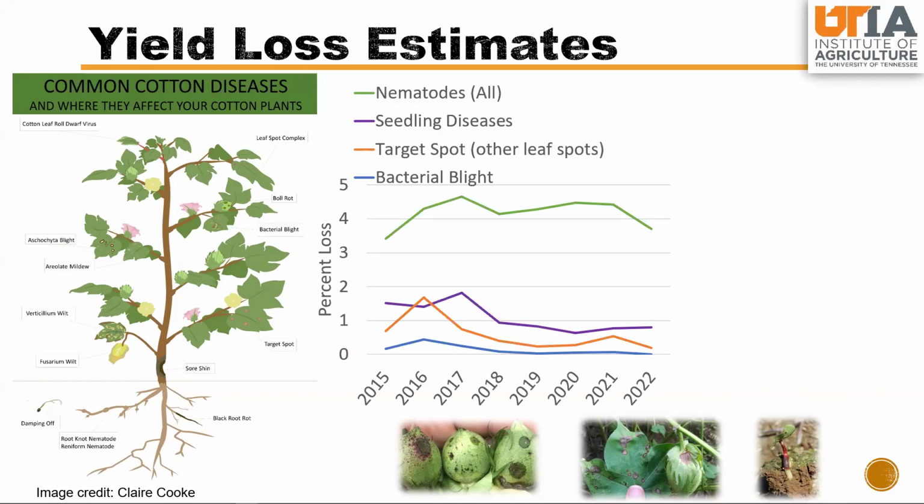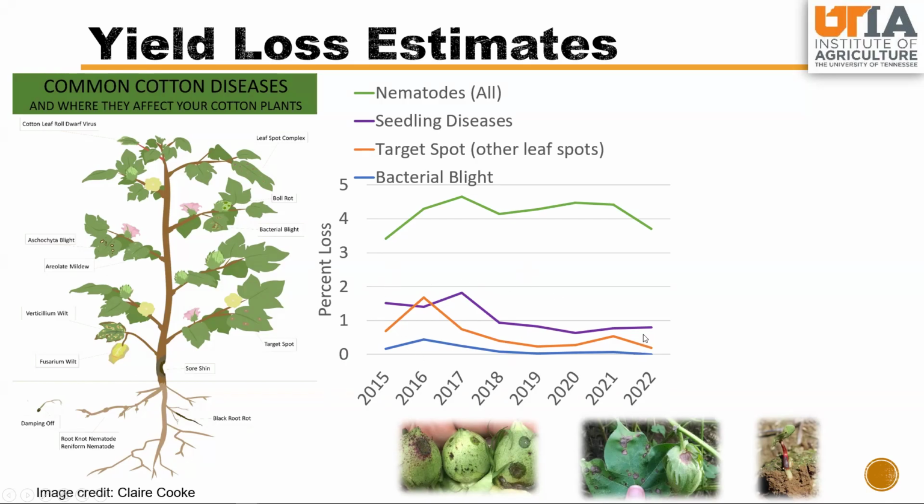And here, again, from Crop Protection Network, where we, plant pathologists across the US, publish our estimated disease loss annual summary. I made a graph from 2015 through 2022 at the percent loss across the cotton belt, looking at nematodes, seedling diseases, target spot, which also includes other leaf spots, and bacterial blight.